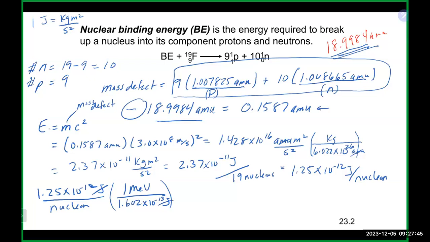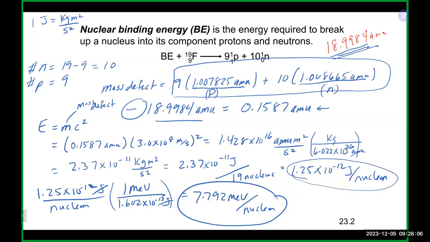If we divide by 1.602 times 10 to the negative 13, that's going to give us roughly 7.792 mega electron volts per nucleon, which is another way that binding energy is given in terms of units. Mega electron volts per nucleon or joules per nucleon would work. And this is a measure of stability. Again, the higher the number, the more stable it is.